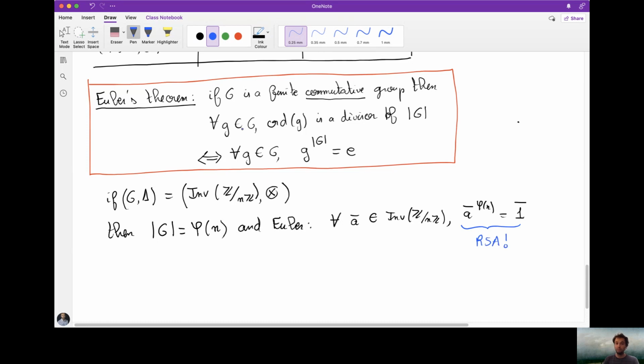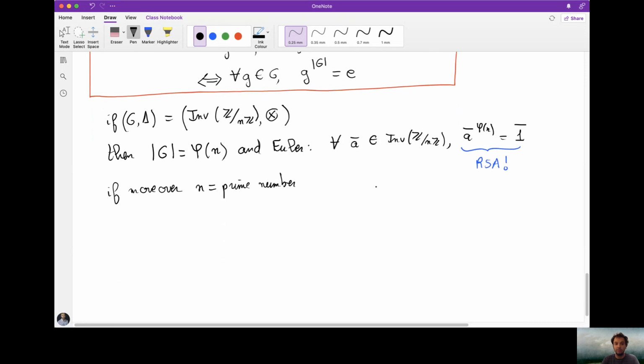The other example, to show you how Euler's theorem is a generalization of things that you know, is that if we continue here and now, moreover, you take for n a prime number, so let's call it, instead of n, let's call it p, then all elements are invertible, right?